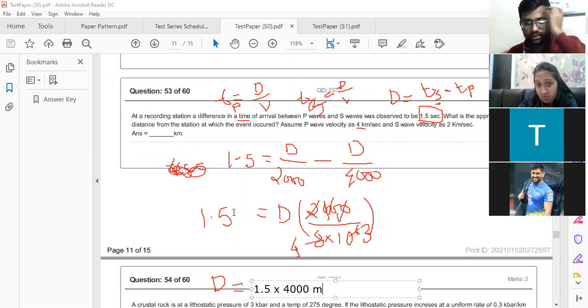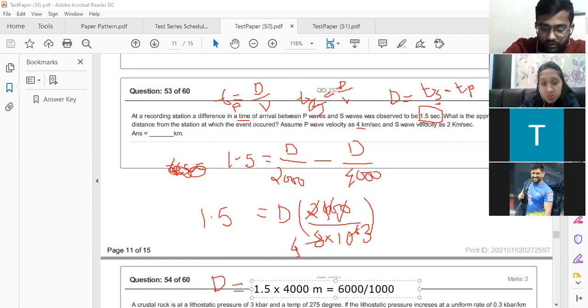You will get the answer in meter. So now 1.5 into 4000, you will get 6000 meter. Divide by 1000 per kilometer, and you get 6 kilometer.